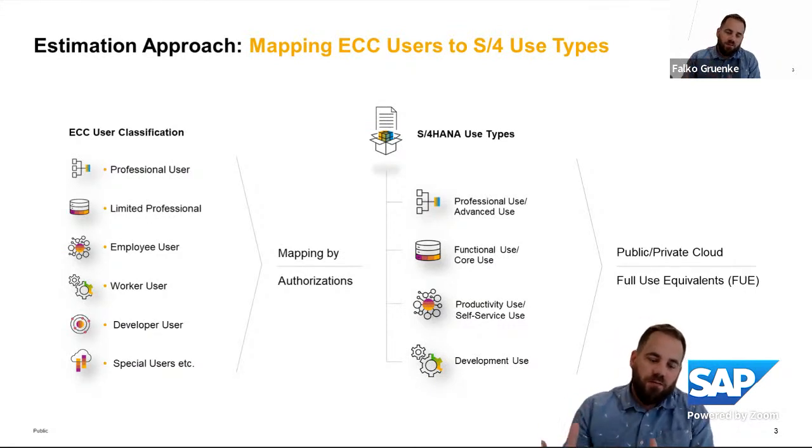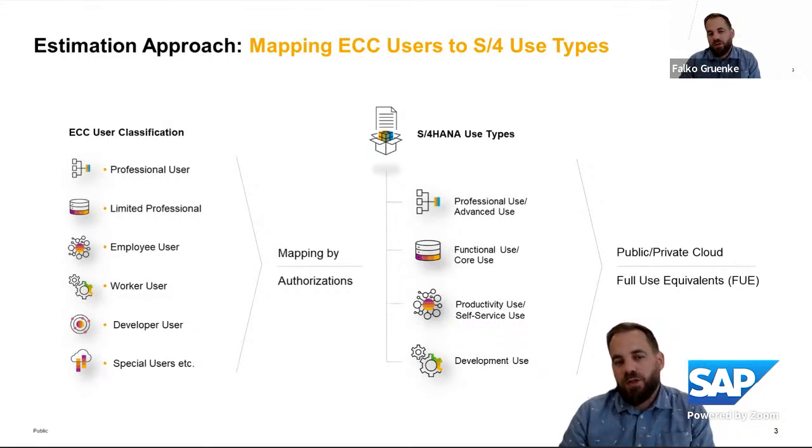Based on these authorizations, we will propose a user type which correlates to the authorizations the user has. So we do have in the S/4 world the professional use, in the cloud the advanced use, the functional use, productivity use, and of course also the development use. And this is our first step in the tool and the service.